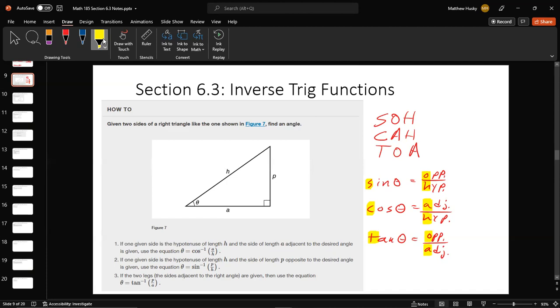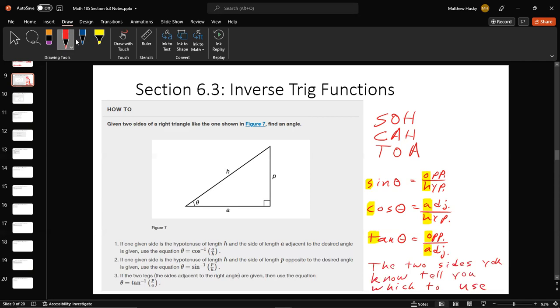And so when you're doing a problem like this, the two sides tell you which to use. What I mean by that is that for a particular problem, let's say I know the adjacent side and I know the hypotenuse.